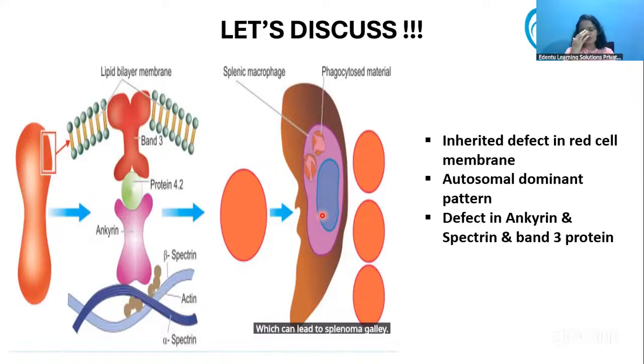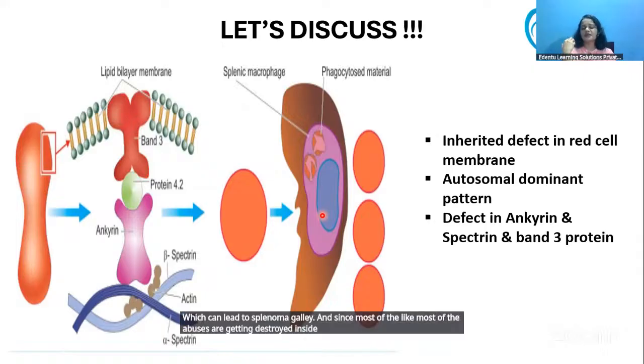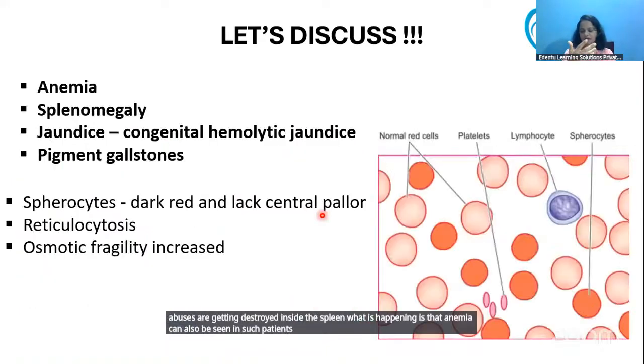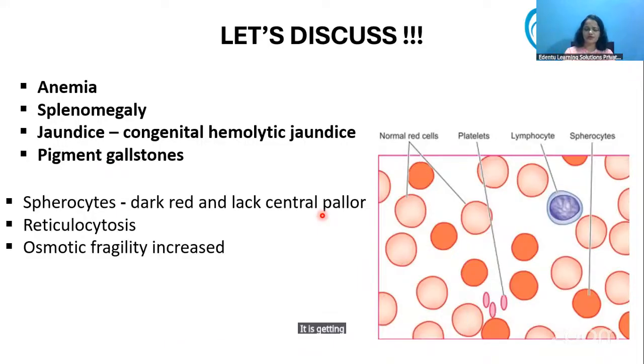Since most RBCs are getting destroyed inside the spleen, anemia can also be seen in such patients. Splenomegaly can be seen because the spleen is getting more and more work because of the destruction of these RBCs. Jaundice can be seen, and gallstones can also be seen in spherocytosis.